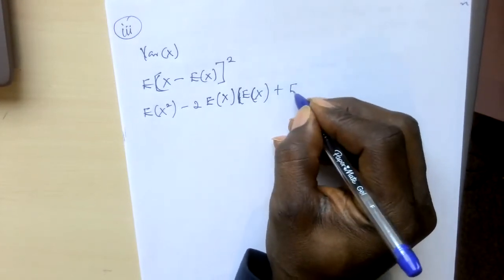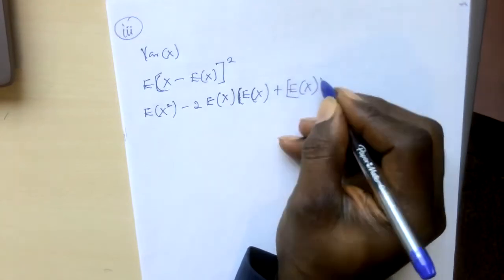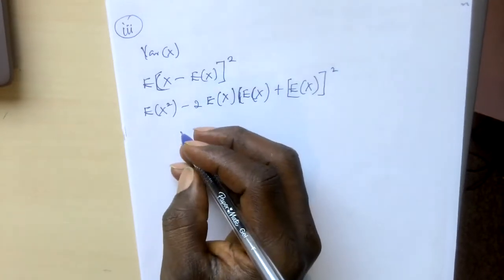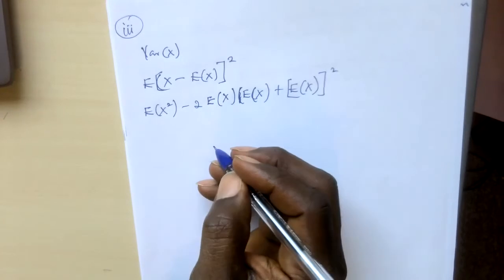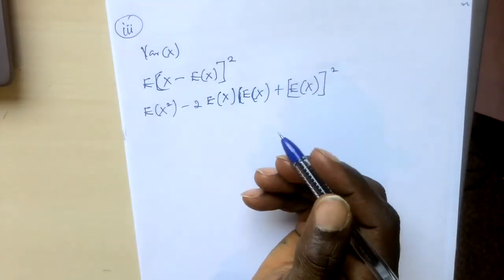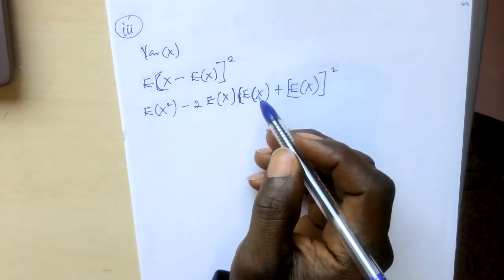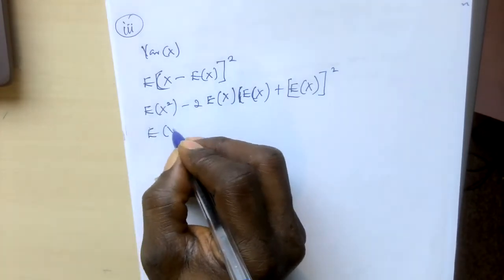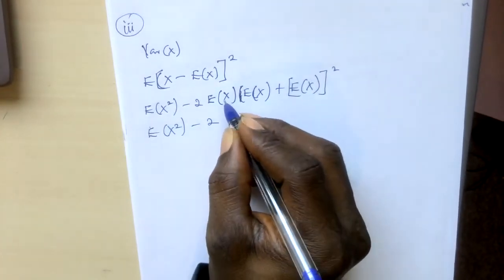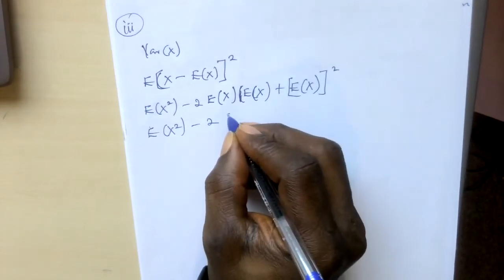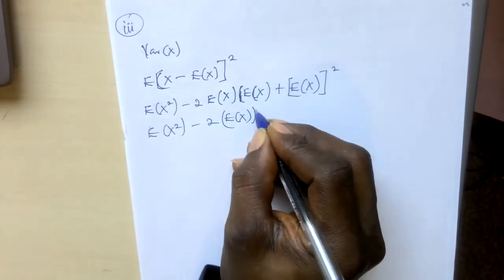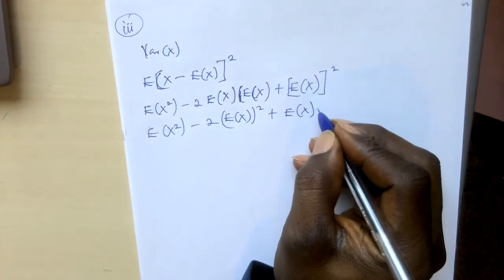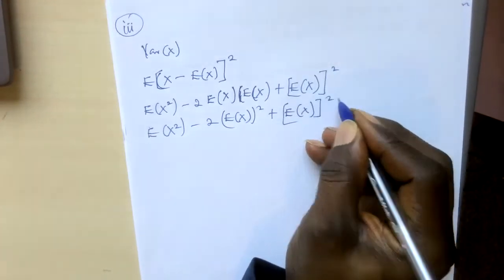So basically, I think we have the expected value of x squared minus 2, because this times this gives e of x all squared, plus this e of x all squared too.